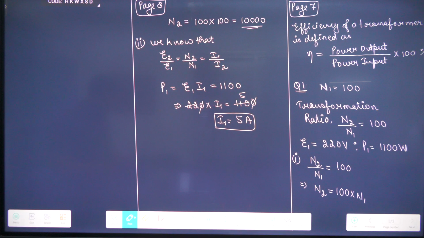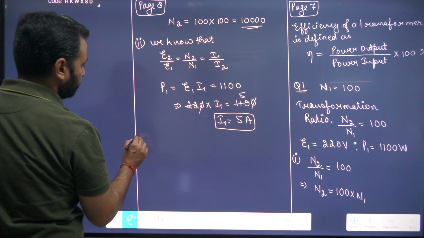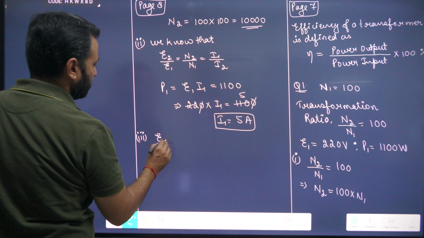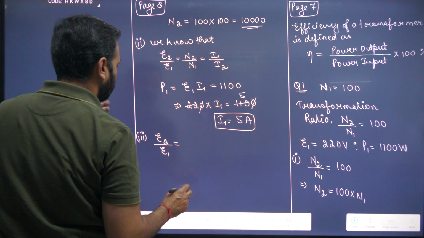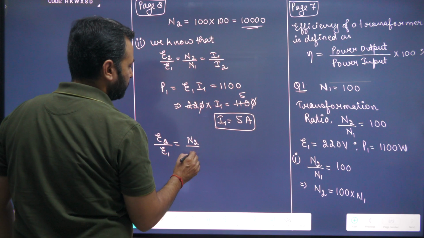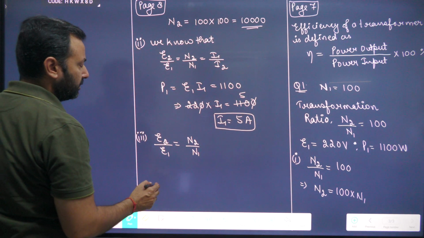Okay. Third part, voltage across the secondary. Voltage across the secondary means they are asking about E2. E2 upon E1 is equal to N2 upon N1. And this N2 upon N1 is the transformation ratio. This is given as 100.